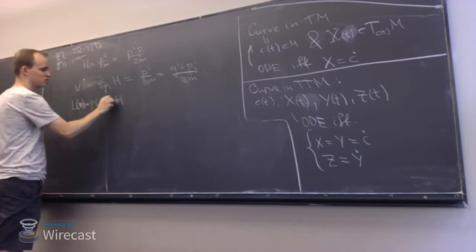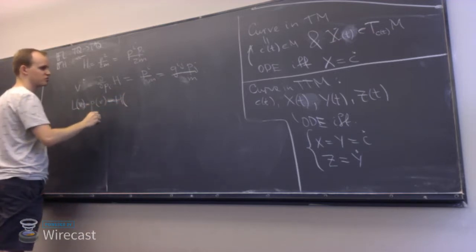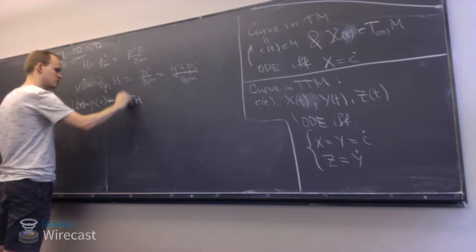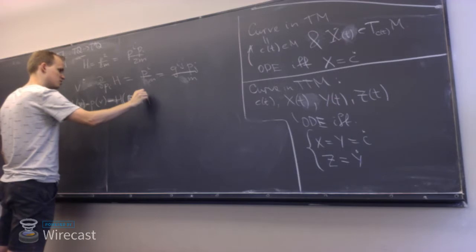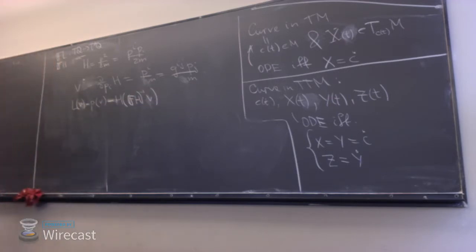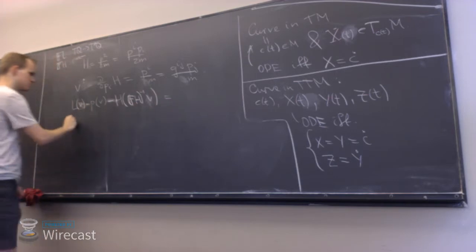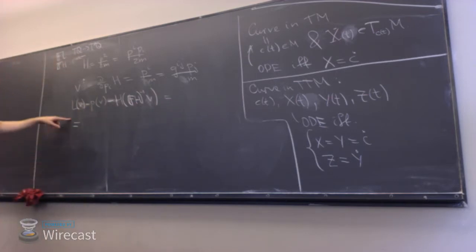So this is just going to be H of the fiber derivative of H inverse of V. Right? That's it basically.